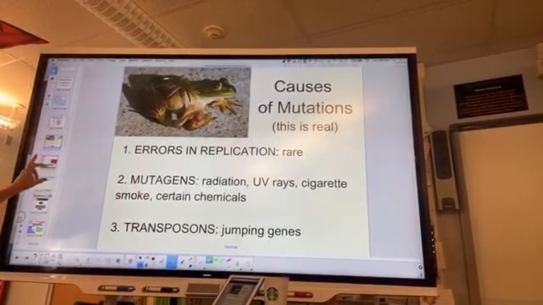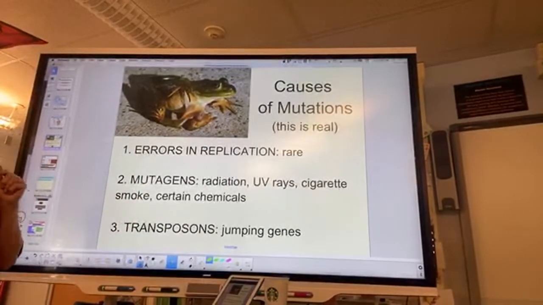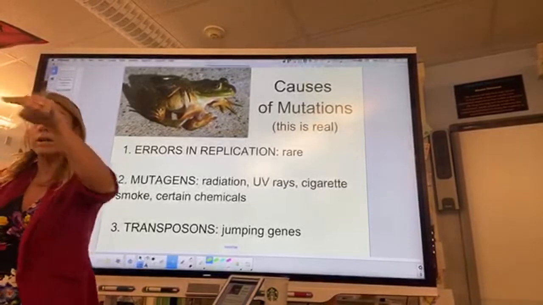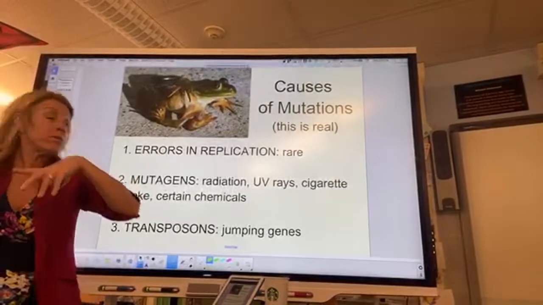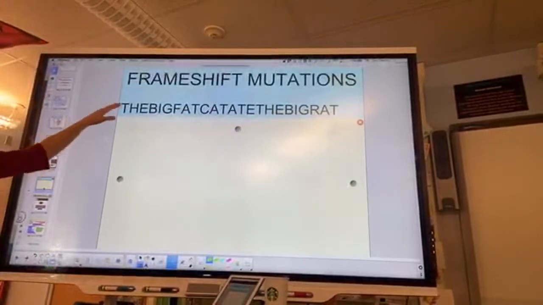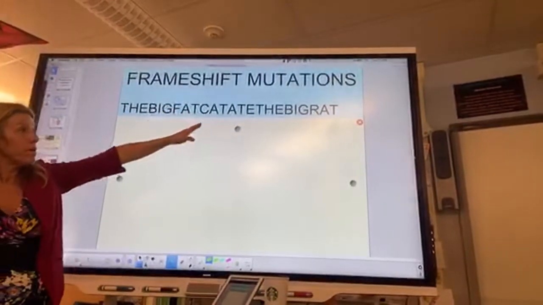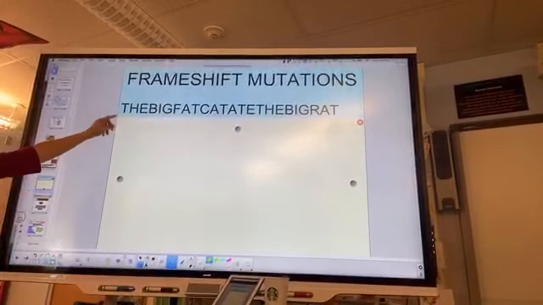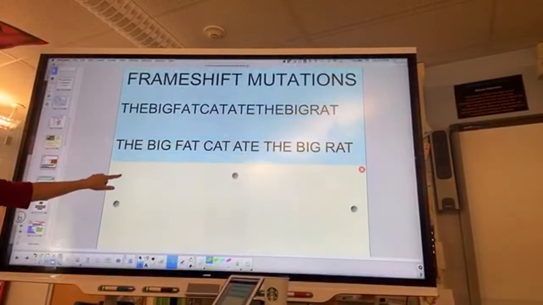If it's just an error in one nitrogenous base, that is called what kind of mutation? Point mutation. But if it throws off your reading frame, this was our example, the big fat cat ate the big rat or whatever I put right there, okay?